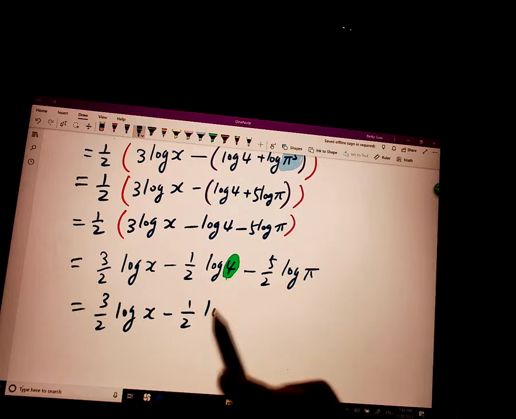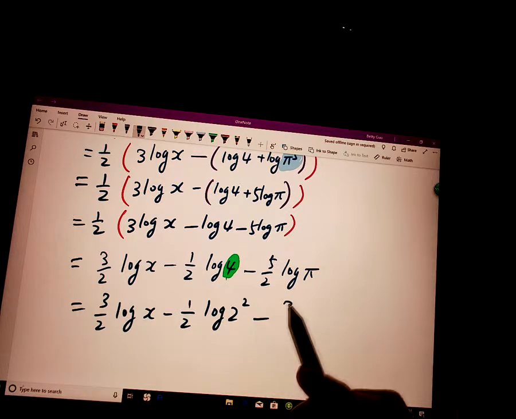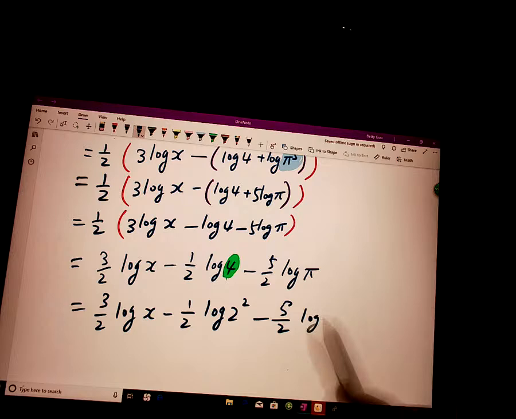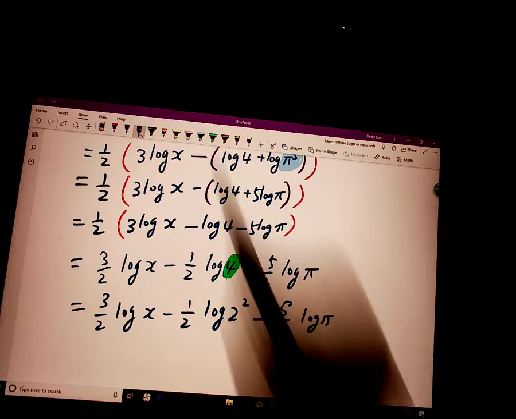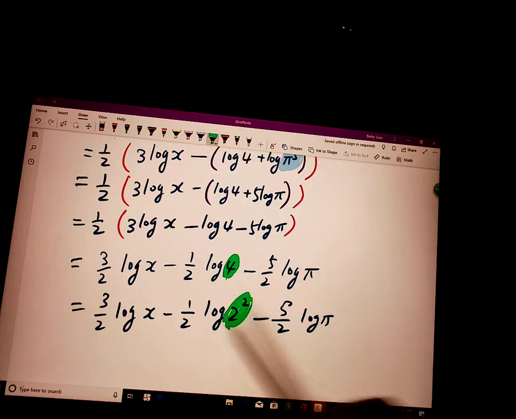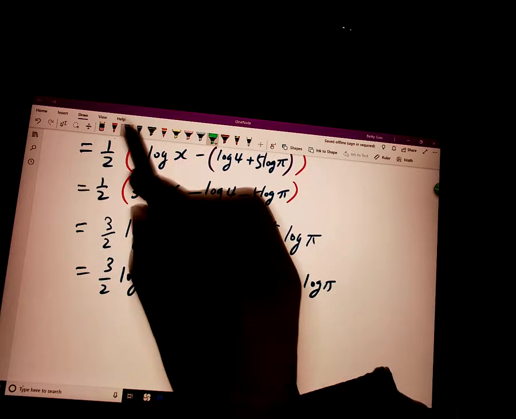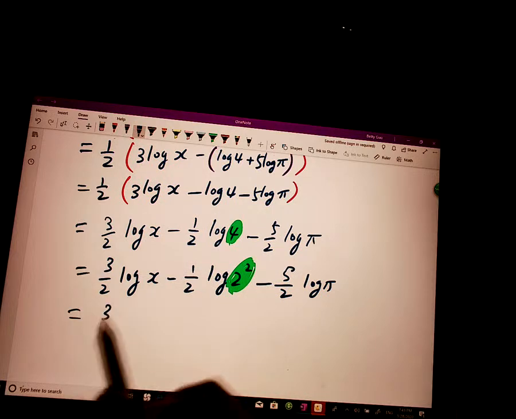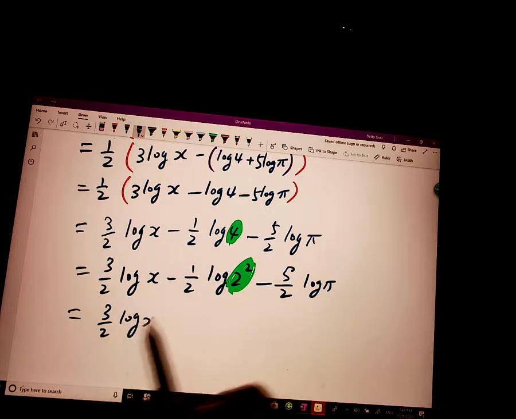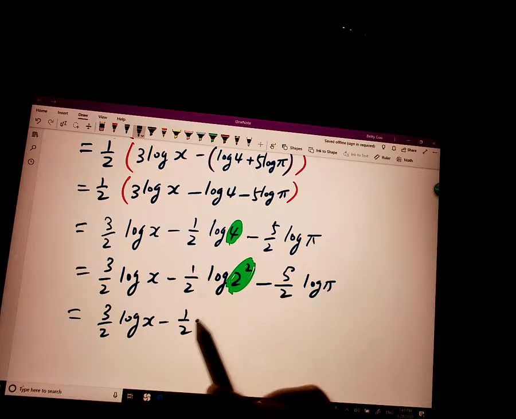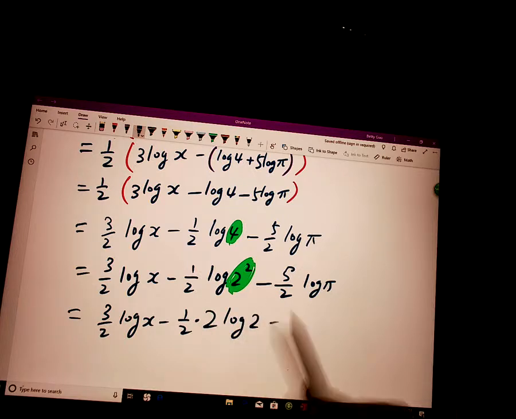If we rewrite 4 as 2 squared, and that argument is a power, then we can apply the power rule to move the exponent 2 in front. Then we have half times 2 log 2 log pi.